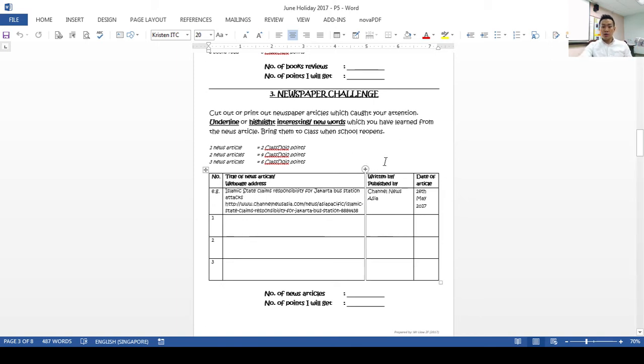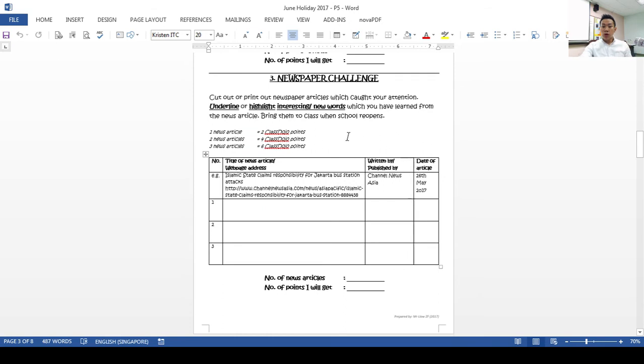All right. So let's come back to this newspaper challenge. What they do is that they can cut out newspaper articles, or maybe they can print out something they read online, and I hope that they go to reputable websites, because nowadays there are many fake news websites. So this is another teaching point for your child. Guide them along to tell them there are some websites that are not too reliable.